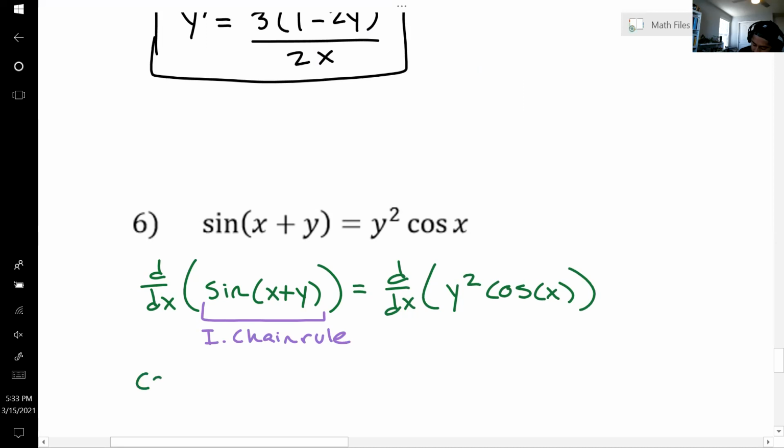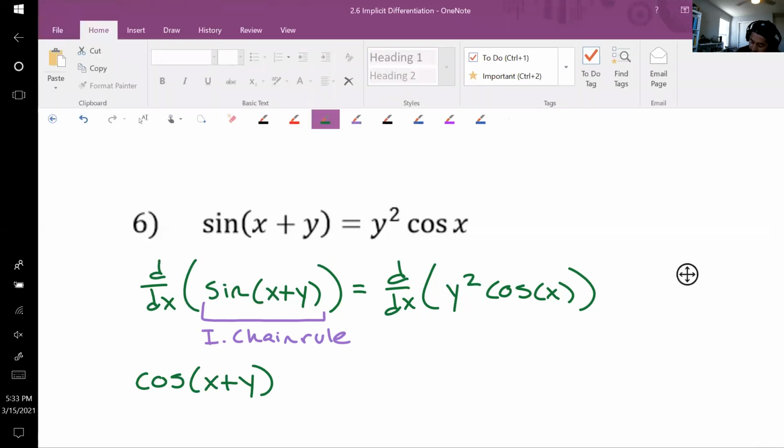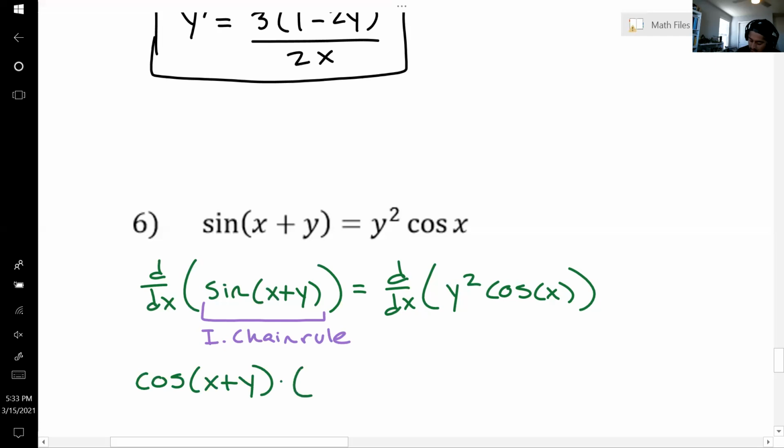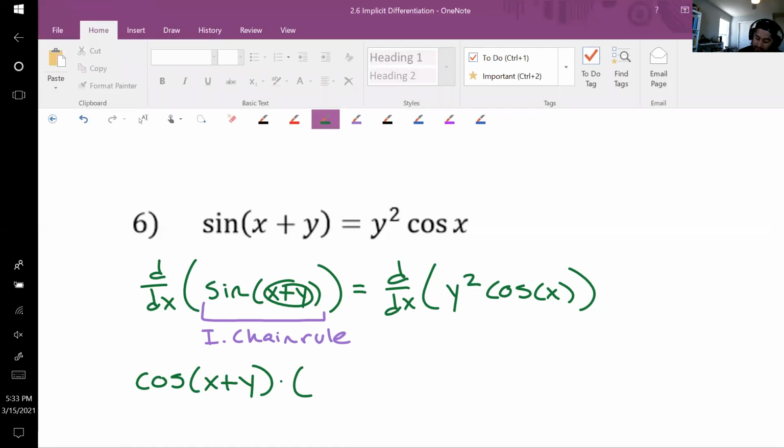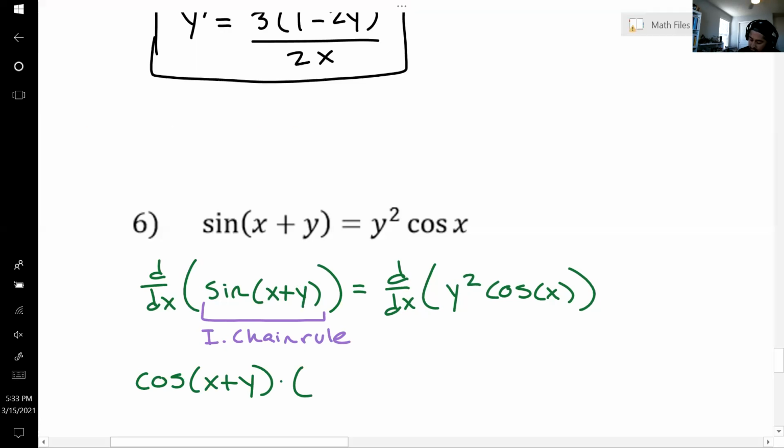So you'll get cosine of x plus y, that's the derivative of the outside, times the derivative of the inside. Well, now you're taking the derivative of x plus y. And so that means that the derivative of x is 1. And the implicit derivative of y is going to be y prime. That's the derivative on the left side.